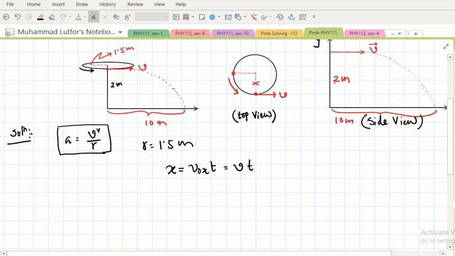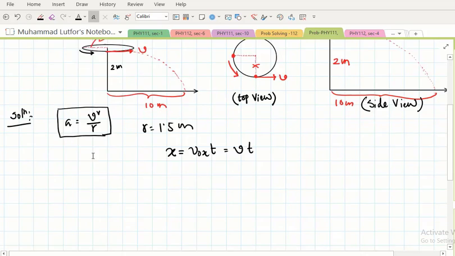If I can find the time of flight and I know the horizontal distance, then I can find v. And with v, I can find the centripetal acceleration, since I know the radius, 1.5 meter.